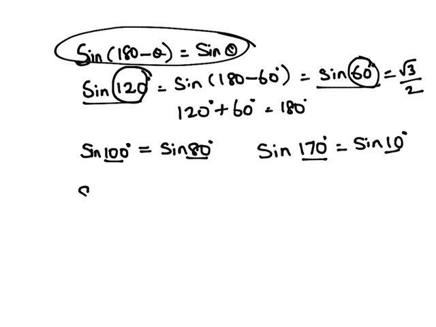So if sine 100 degrees is P, and they ask you what is sine 80 degrees, it will also be equal to P. This is a very, very important property: sine 180 minus theta equals sine theta. They have the same value and the same sign.